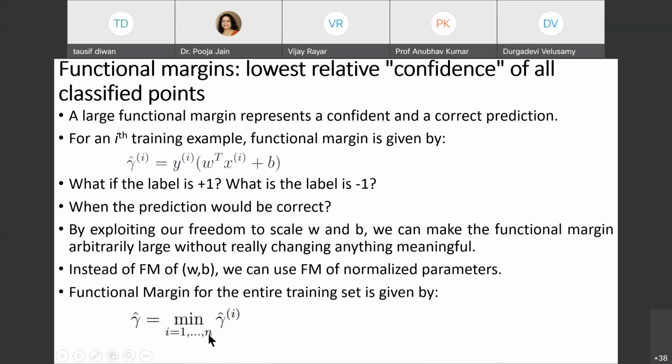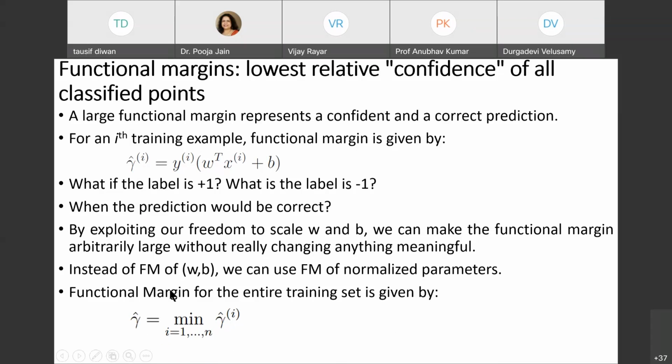What is n? n is the total number of samples or examples in our data set. So we consider gamma cap for the first sample, second sample, third sample, and take the minimum of all these values. That minimum value is considered to be the functional margin, gamma cap.